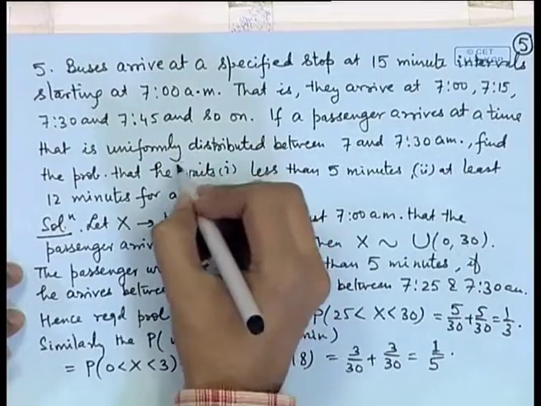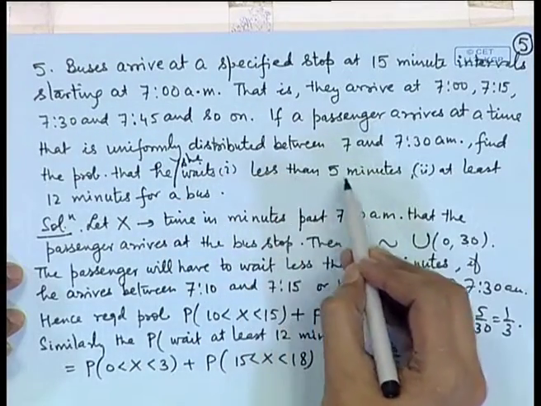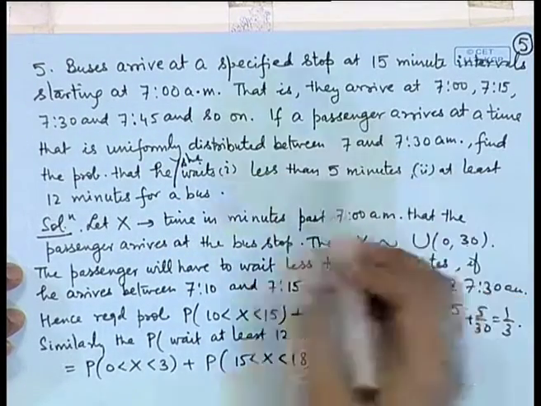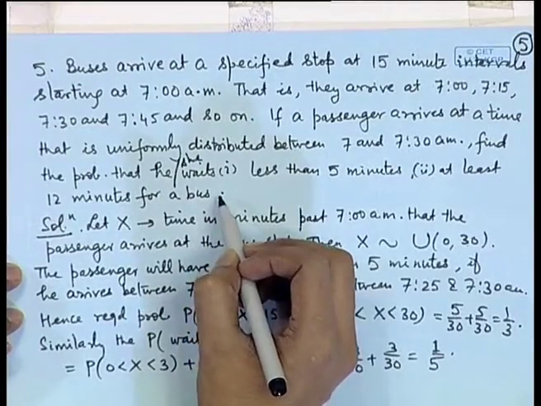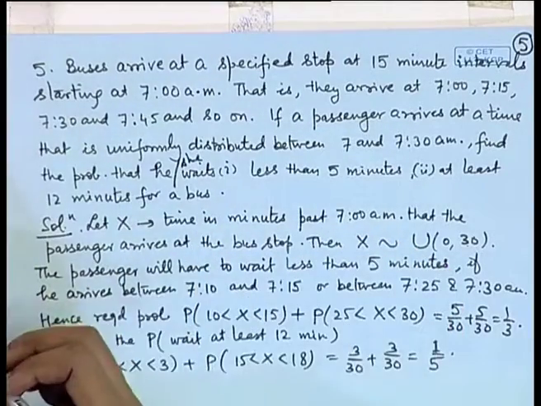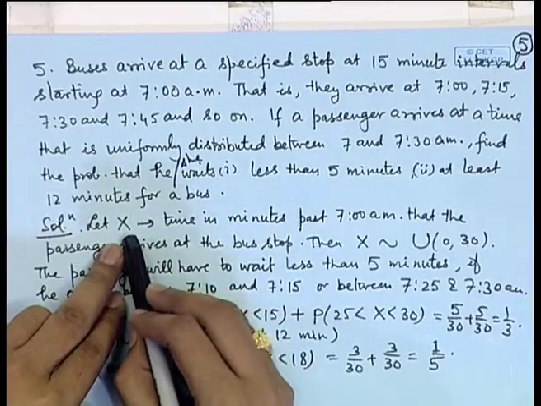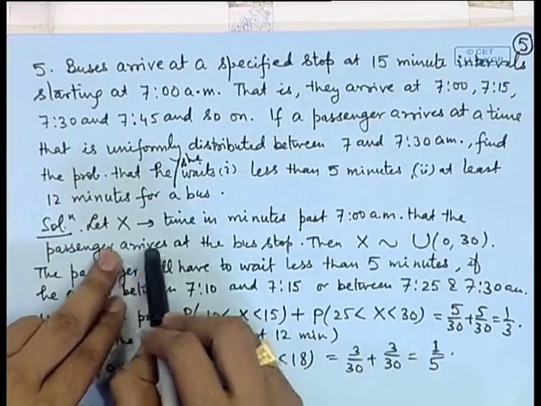for less than 5 minutes or at least 12 minutes for a bus. That means, when he comes, then he will get a bus in less than 5 minutes. So, let us consider the arrival time of the passenger.